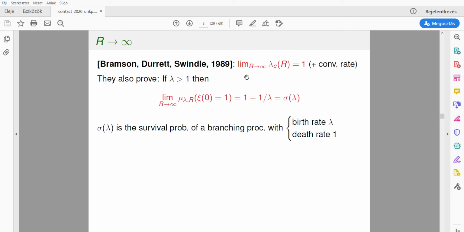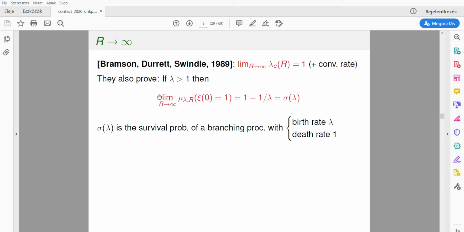That is the probability under the upper invariant measure that the origin is occupied, which is the same as the density of infected sites, because every site looks the same.